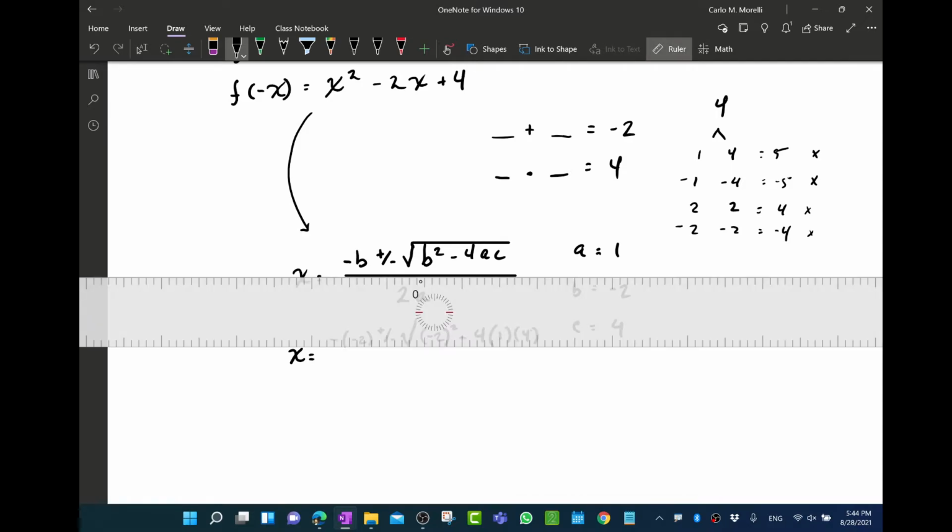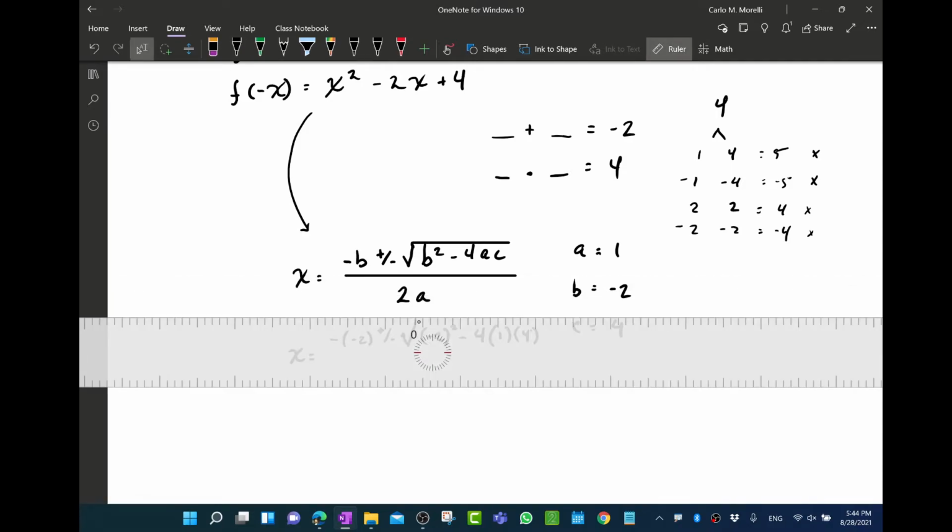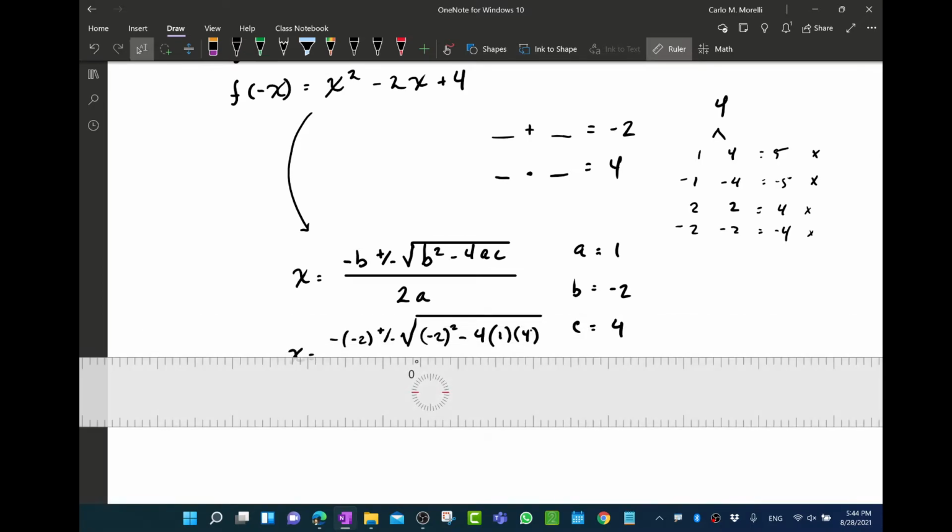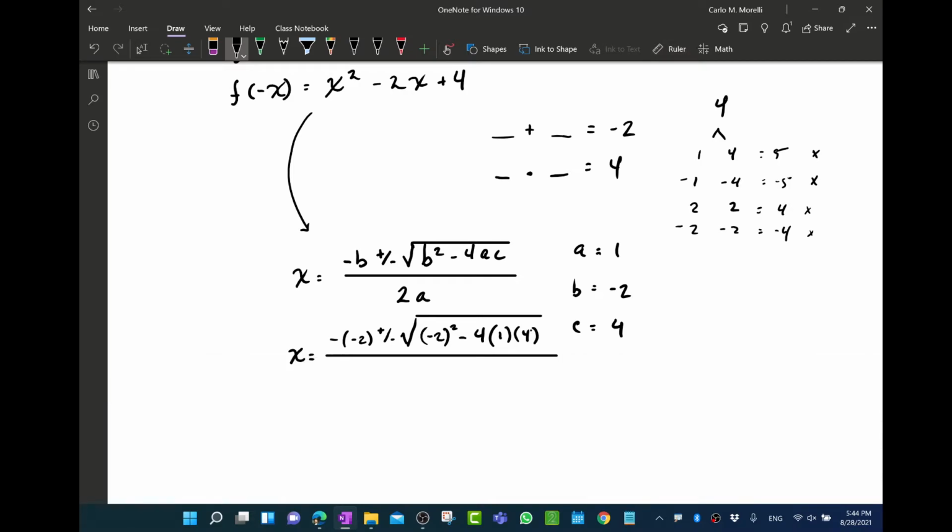Let's get the top on our radical sign. Okay. And then we'll move down here, get a big fraction bar, and then do 2 times a, which in this case is just 2 times 1. Okay. So now we can start to really get at this. So negative, negative, so make positive.